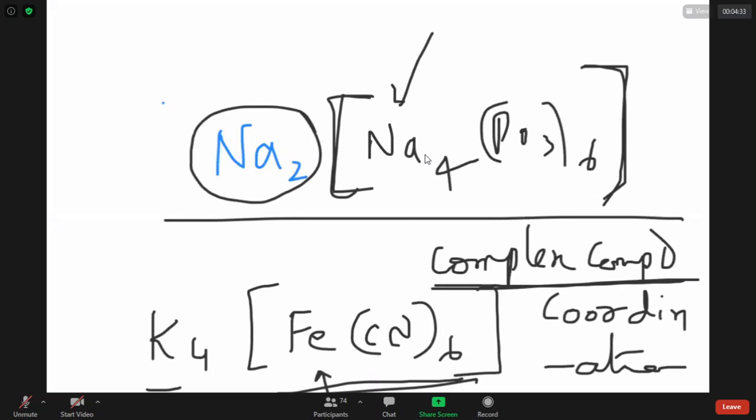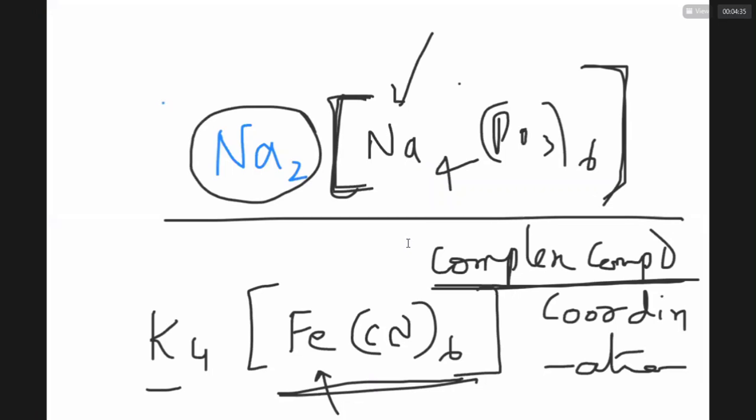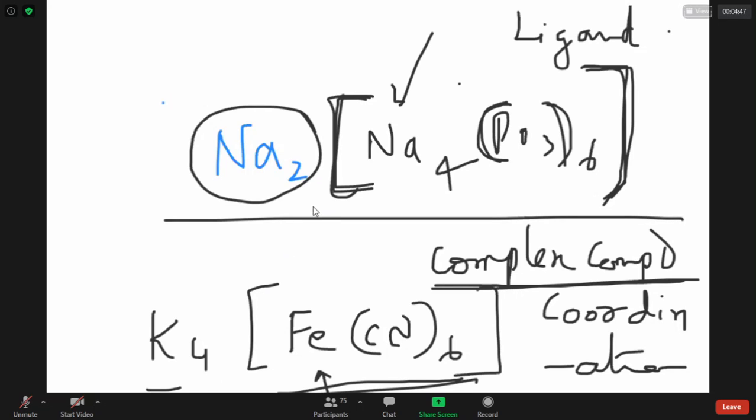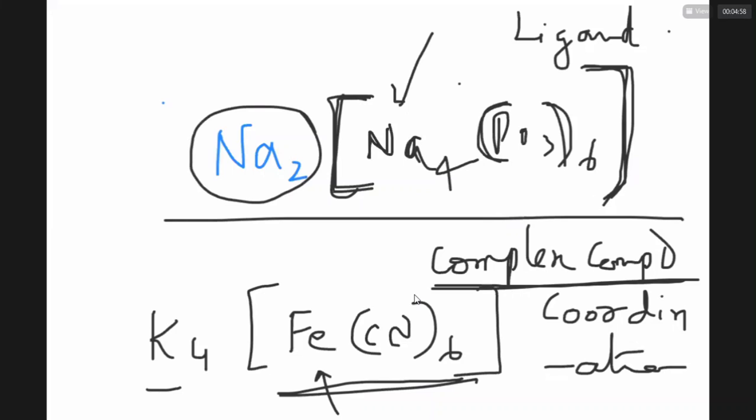In these complex compounds, something is taken in square brackets. You take a metal, and you put something around it. Whatever you put around it is called a ligand. In a complex compound, the metal is the central metal. Whatever you put outside the square bracket are called counter ions.